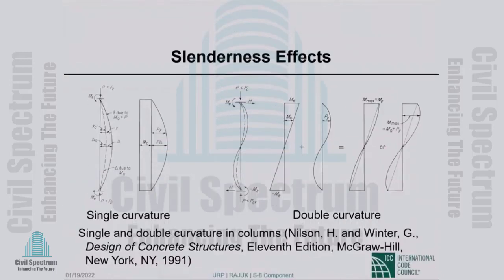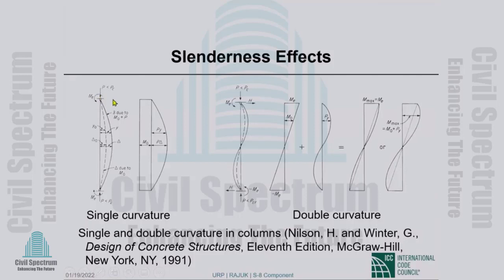Now this picture I also took from Winter and Nelson, in order to explain to you this difference between single curvature and double curvature, why C sub m is small for double curvature and larger for single curvature.